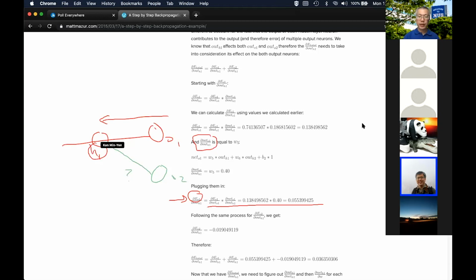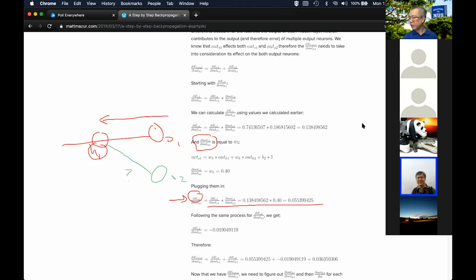Now, let's go and do it for EO2, which is the bottom branch. So we're going to do the same thing. It says at the bottom of the slide that we want to follow the same process for E2. Let me change the color. Sorry about that. I didn't do that properly.